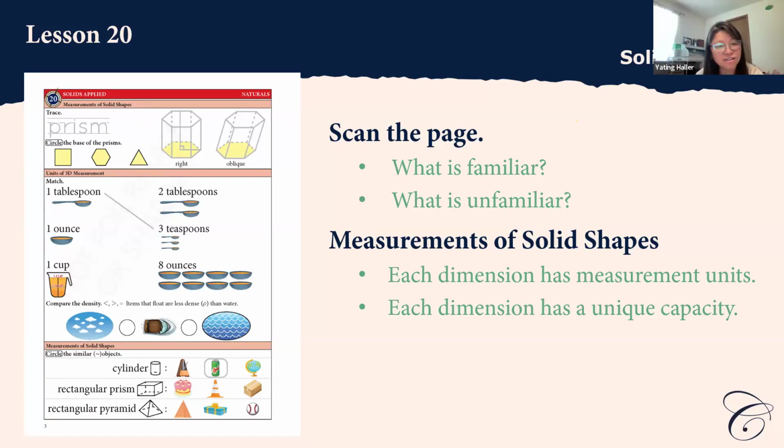I also like how it relates to the foundation math fact that 3 teaspoons is 1 tablespoon, 2 tablespoons is 8 fluid ounces. That's actually a math fact in foundations.